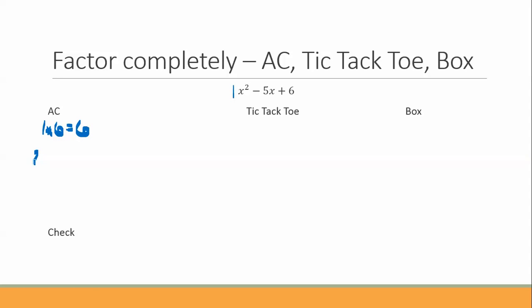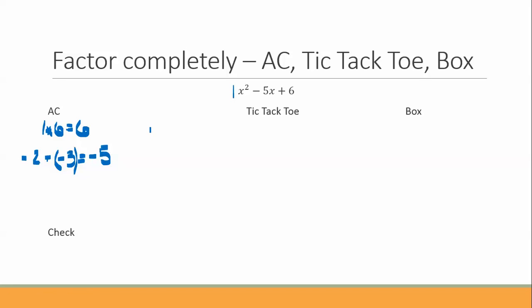2 plus 3 add to positive 5, but we need it to add to negative 5, so we're going to have minus 2 and minus 3 add to negative 5, and minus 2 times minus 3 is positive 6. Then our third step said use these two factors to split that middle term.